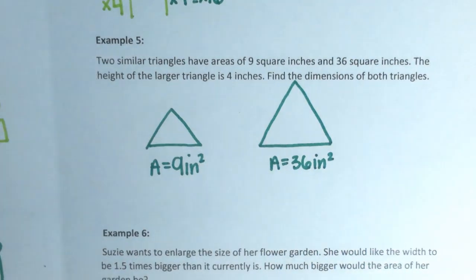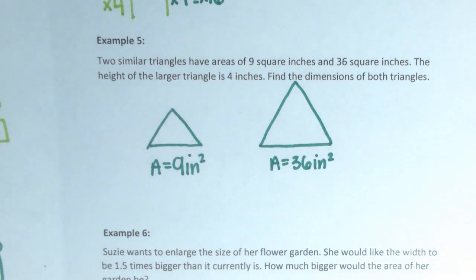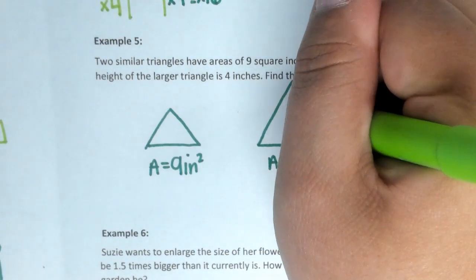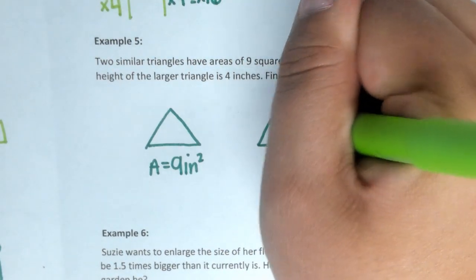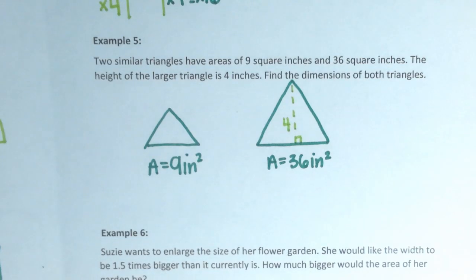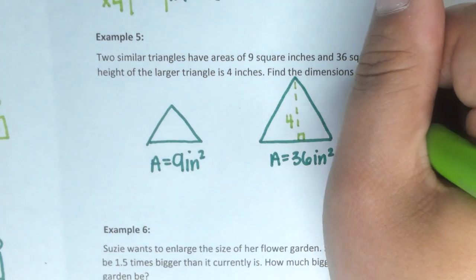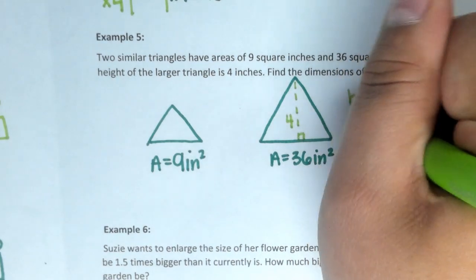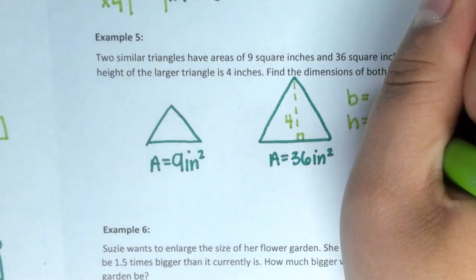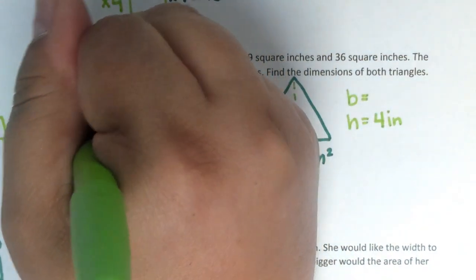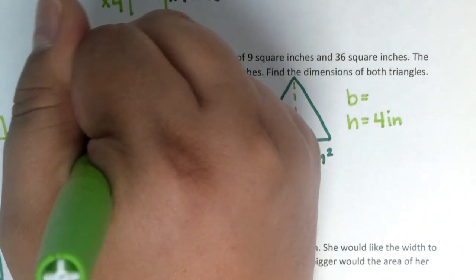The height of the larger triangle is 4. What are the dimensions of both? So it wants the base and the height of this one, which we know is 4 inches, and it wants the base and the height for this one, which we don't know either.